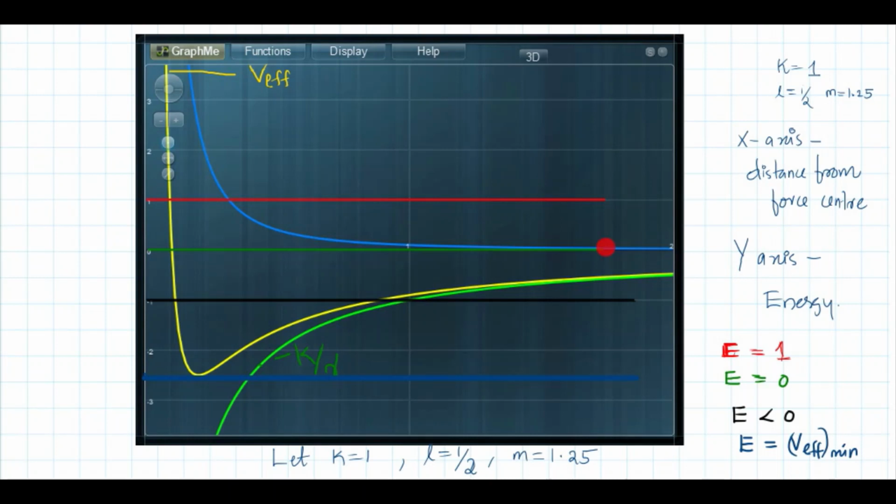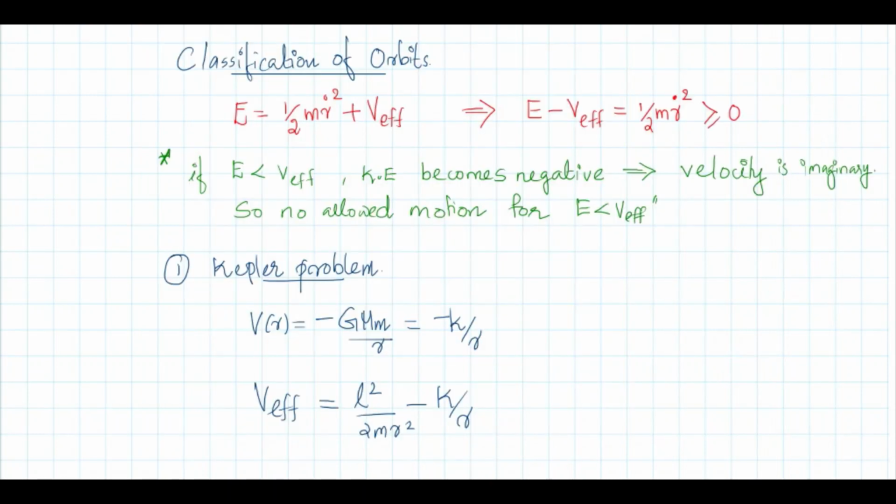So a particle with a total positive energy, you can see that at this distance from the force center, this total energy, this red line, is above this yellow curve. So the condition E greater than V effective is satisfied.